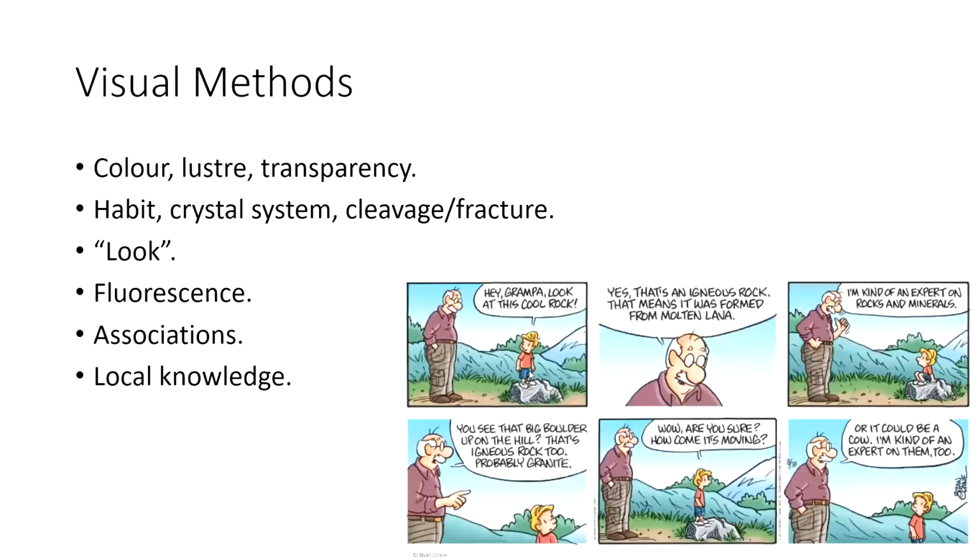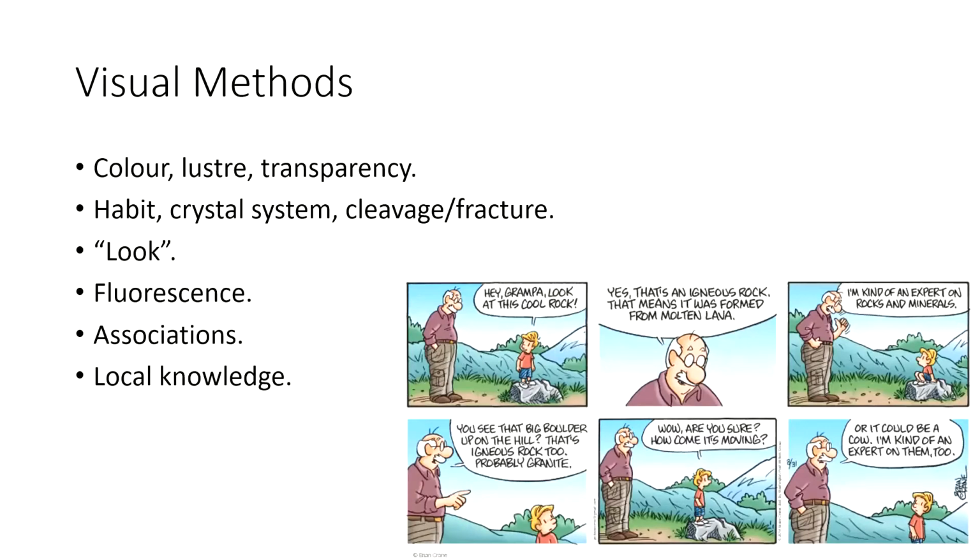All right, so what can you do? Well, you've got visual methods. You can look at things like the color, the luster, the transparency, and so on. If you can get your head around what a triclinic versus a monoclinic form might look like, you can look at crystal systems and various habits. You can look at cleavage and fractures, particularly if you've got a bit of damage on the specimen.